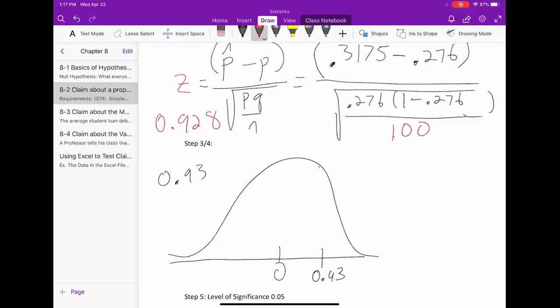I draw my line up. I am doing a greater than problem, so I color which way? To the right.